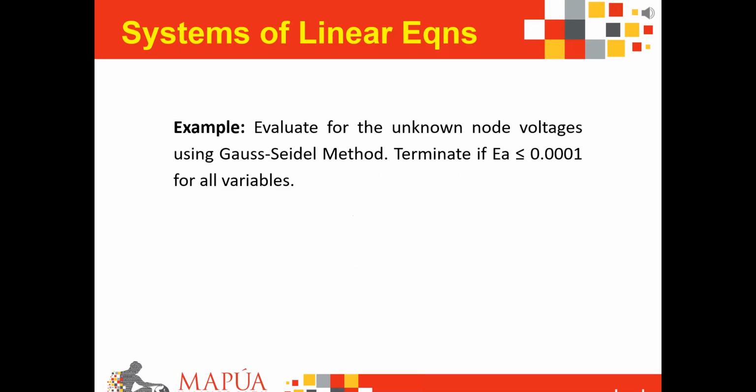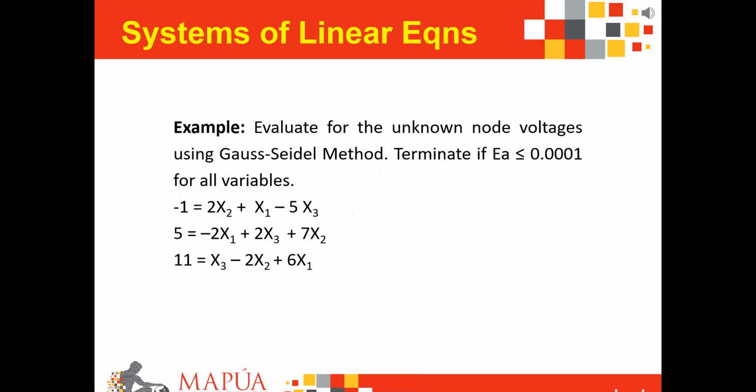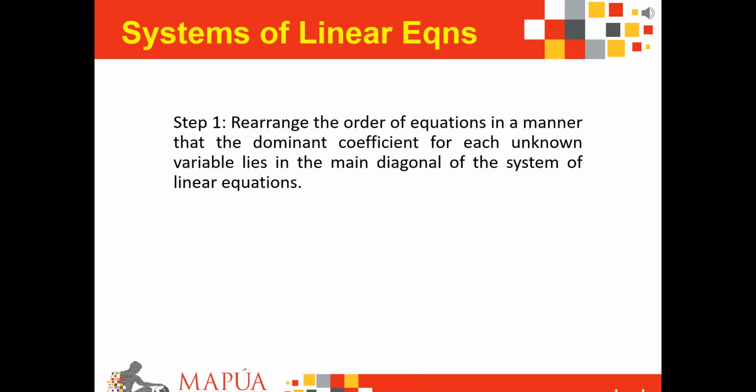Let's try to apply it on this given system of linear equations. We evaluated this system last time using the Gauss-Jacobi method. Let's try to solve it this time using the Gauss-Seidel method. Step 1 requires us to rearrange the order of equations in a manner that the dominant coefficient for each unknown variable lies on the main diagonal of the system.